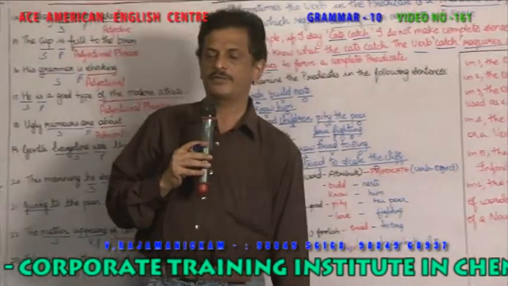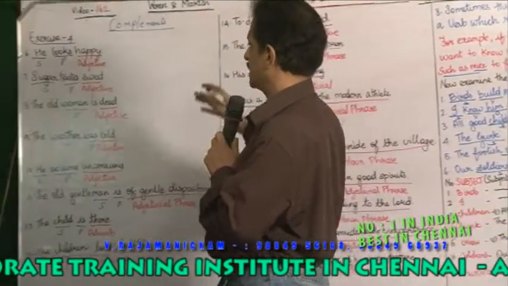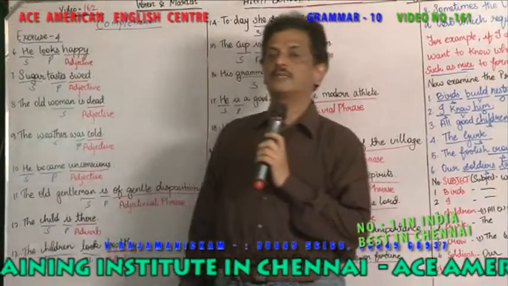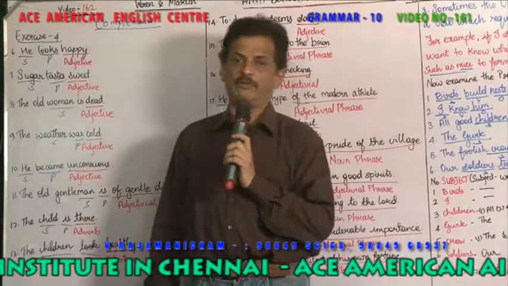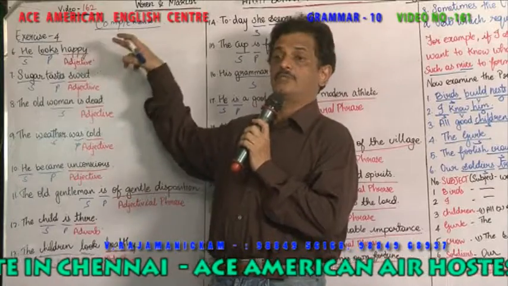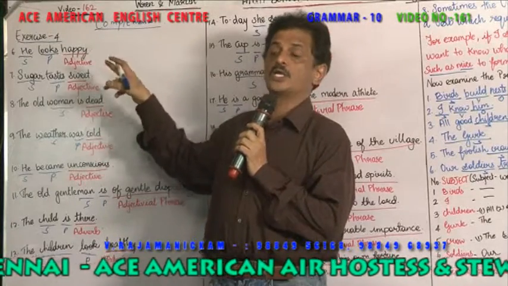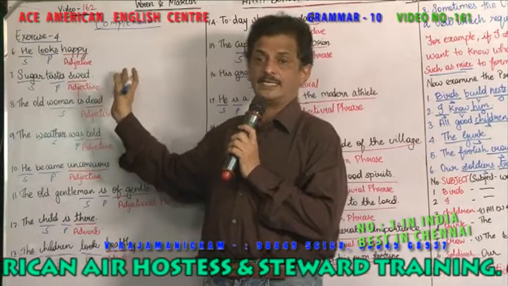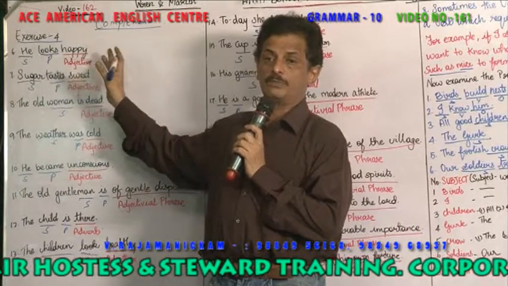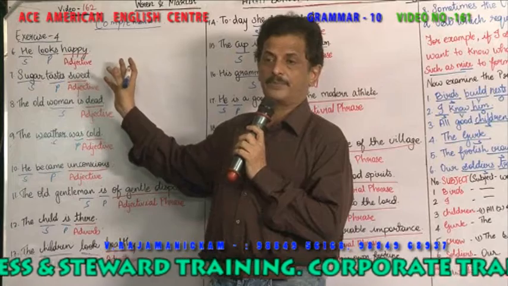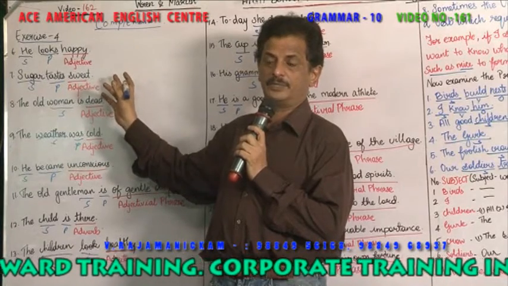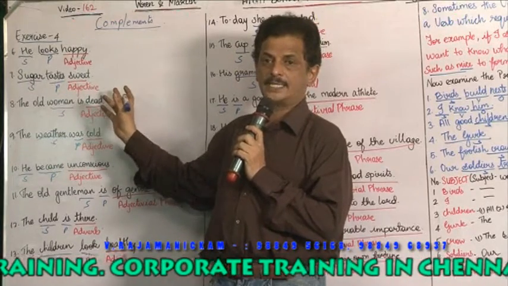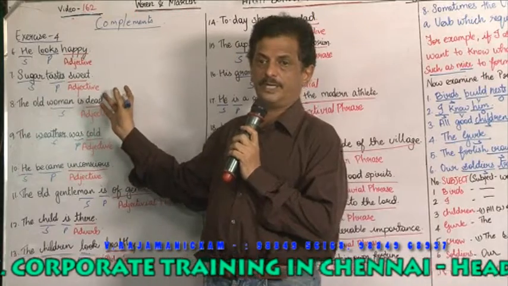So, dear friends, here what you see is complement. Complement comes after intransitive verbs. Intransitive verbs don't take an object. The words coming next to that say something about the subject. It may be a noun, an adjective, an adverb, an adverbial of place, a complement or predicative.